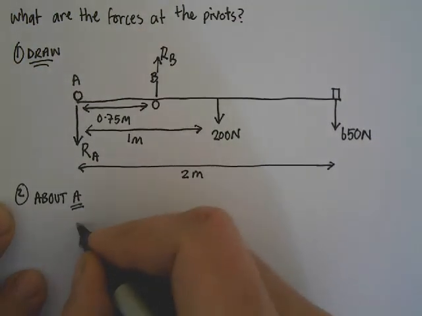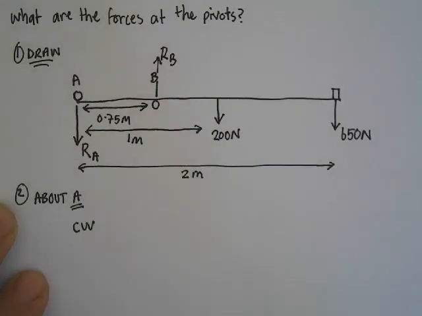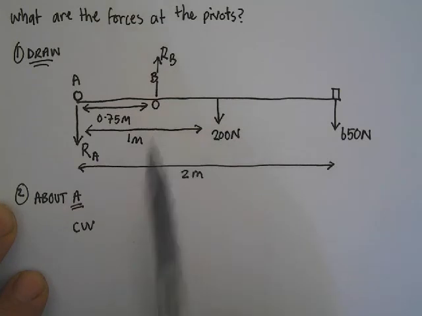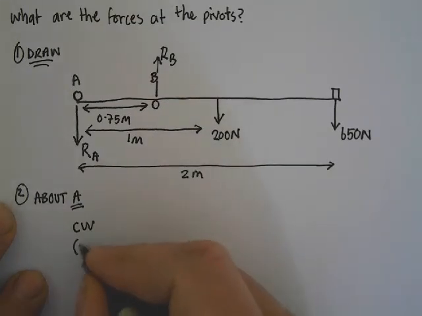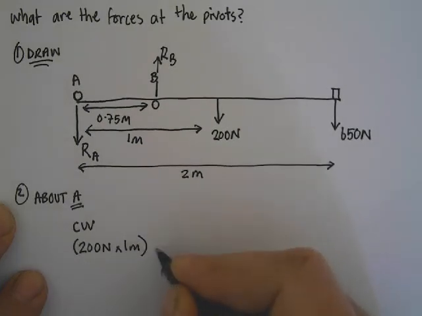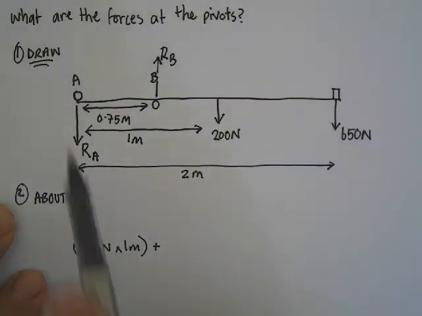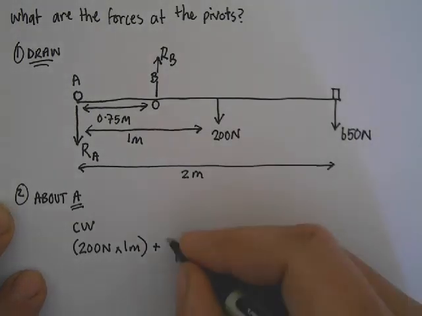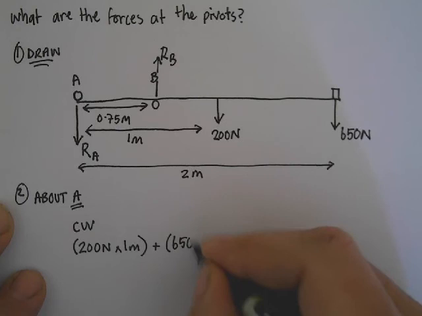So I'm going to say, right, what are the clockwise moments? So the clockwise moments are going to be 200 newtons times 1 metre. And over here we've got the weight of the diver, so 650 newtons times 2 metres.